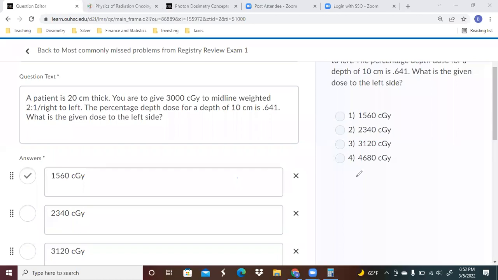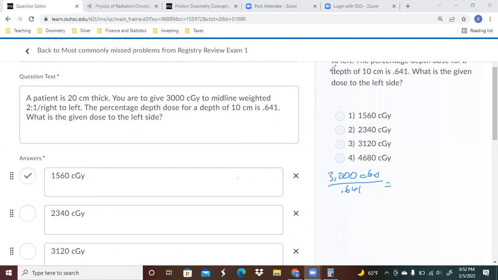This is something to watch for. Watch the wording on this. So the dose that you're going to deliver to midline is going to be 3000. Since you're delivering it to midline and the patient is 20 cm thick, the depth being 10 cm is 0.641. So you take that, and assuming no other modifiers here, how much is actually being delivered?